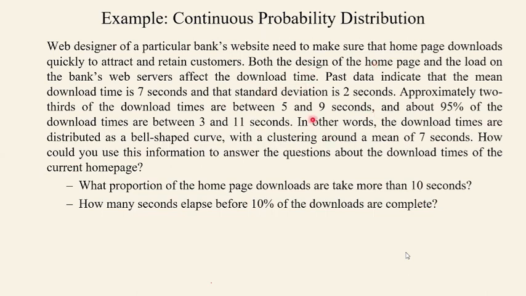And also about 68% of the observations fall within one standard deviation of the mean, and 95% of the observations fall within 2 standard deviations of the mean, right? This is the specific characteristic of a bell-shaped curve.